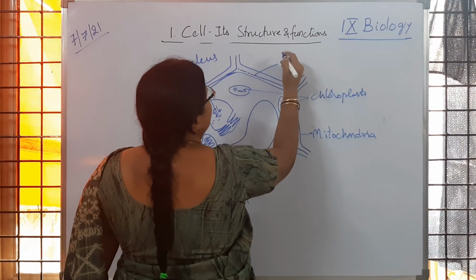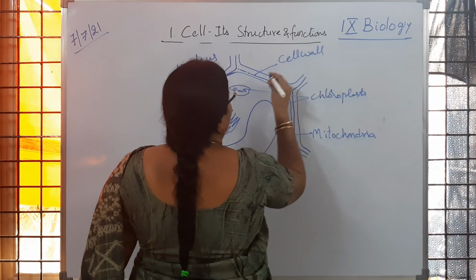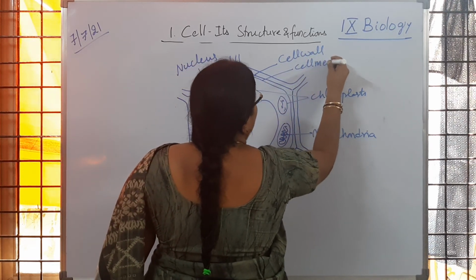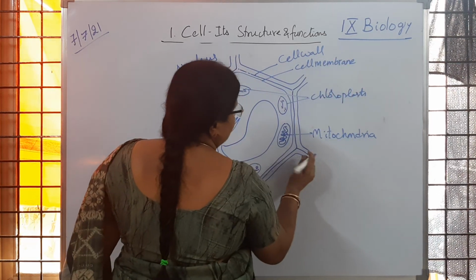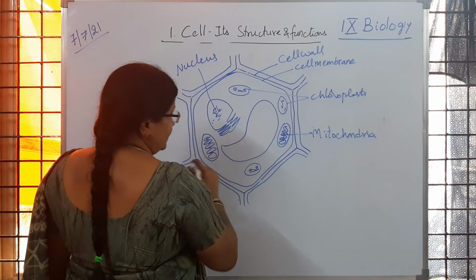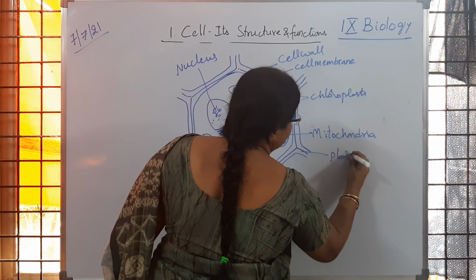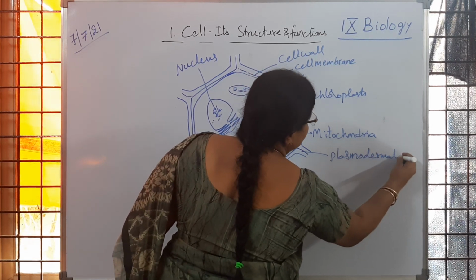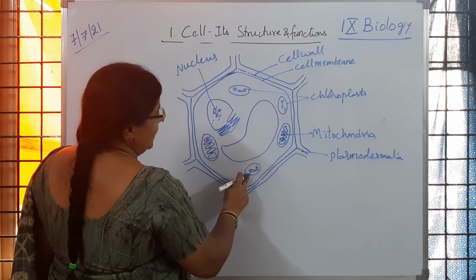This is the cell wall, and this one is the cell membrane. These structures which you are observing are plasmodesmata, and this is also chloroplast only.